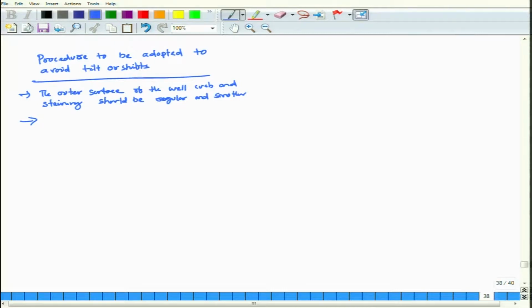The diameter of the curb should be kept about 4 to 8 centimeter larger than the outer diameter of the steining.